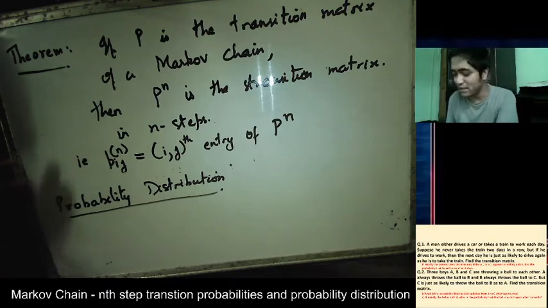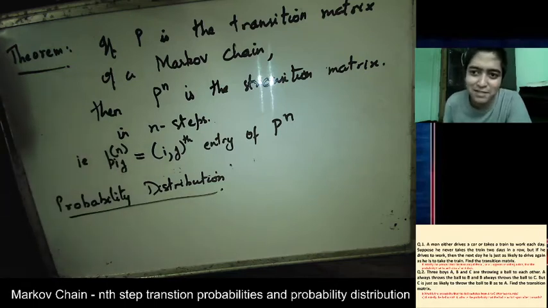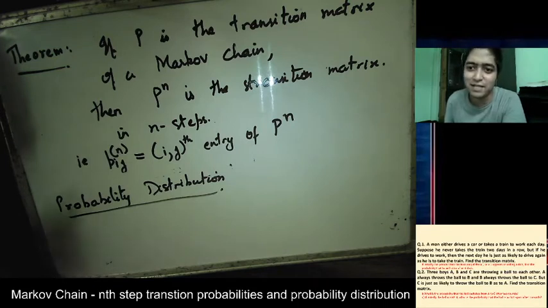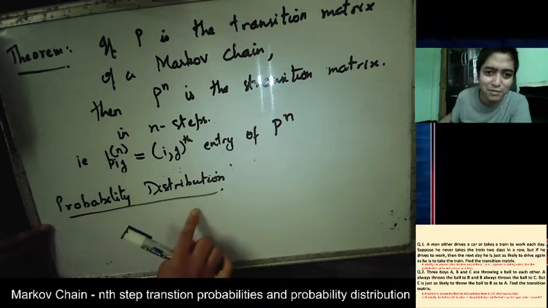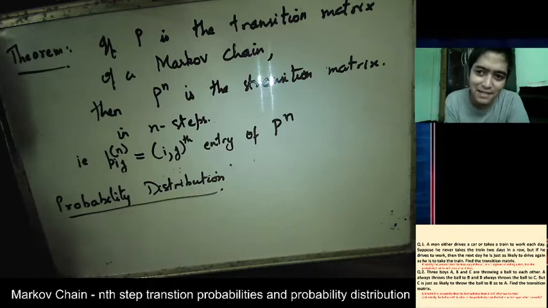When we are dealing with transition probabilities, a question may be asked this way: what is the probability that the state changes from AI to AJ, that is from one state to another state? Whereas in probability distribution, the question will be something like this: what is the probability that the state is in AI?